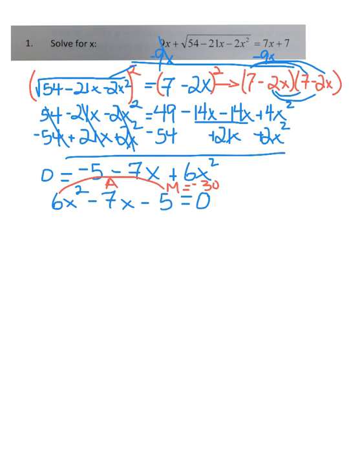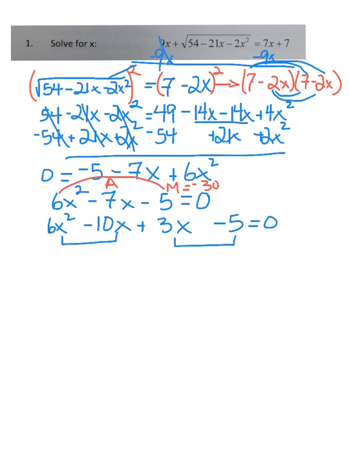Remember when you're doing rainbow, you bring down the first term, you bring down the last term, again set this equal to 0, and then I figure out what multiplies to negative 30 that would add to negative 7. And that would be a negative 10x and a positive 3x. Then we're going to group and group.